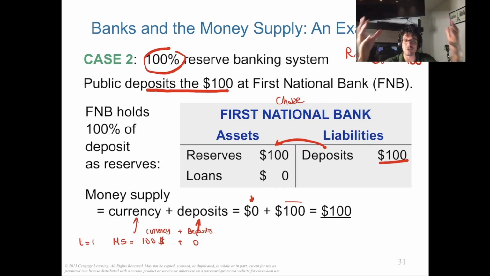So now there is $100 of currency in this particular economy. Again, let's suppose there were no deposits before. The money supply is equal to $100: 100 of currency plus 0 deposits.